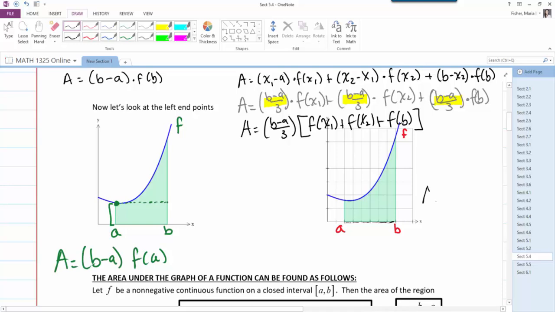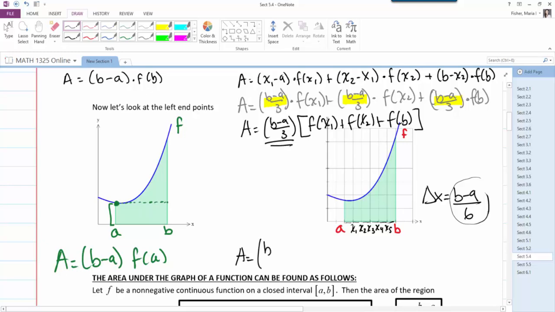I broke myself up into 6 rectangles of equal width, so each one is going to be b minus a over 6. And these are the points x sub 1, x sub 2, x sub 3, x sub 4, and x sub 5.